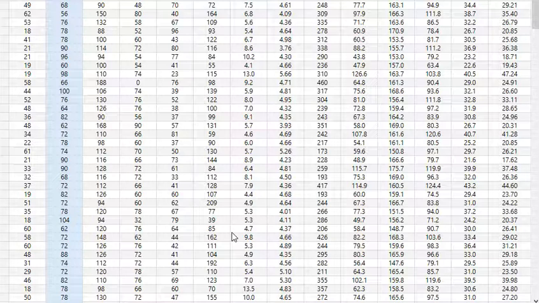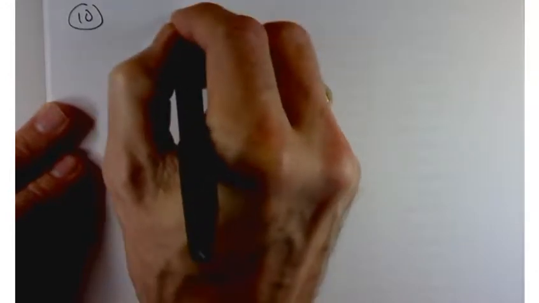Problem number 10 says to use this data to test a claim that for a sample of 40 women, the standard deviation of their pulse rates is 10 beats per minute. So we're going to test the claim that sigma is equal to 10.